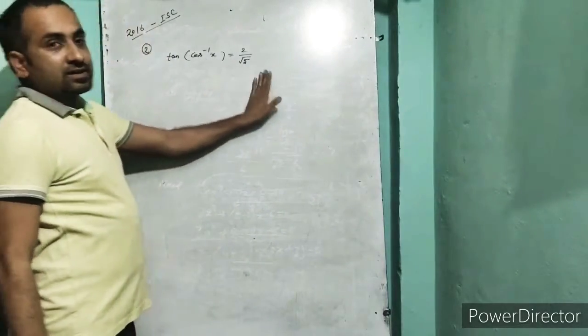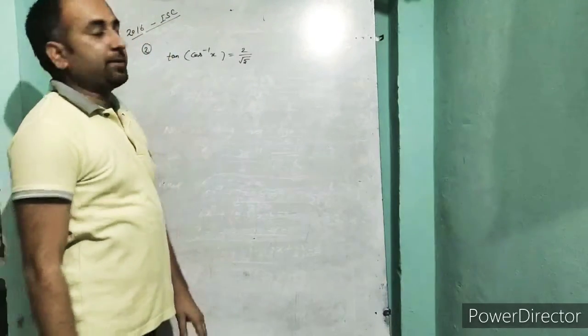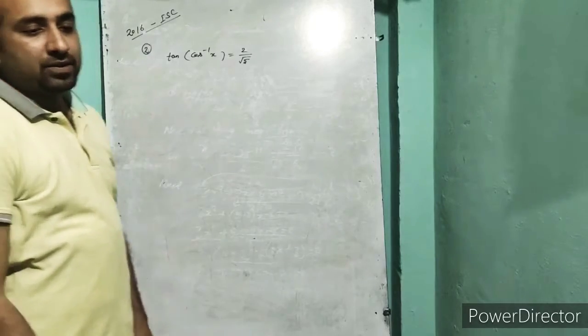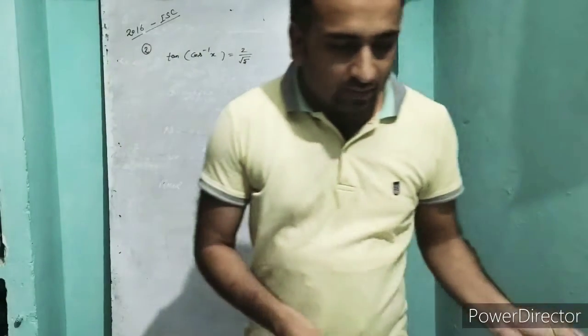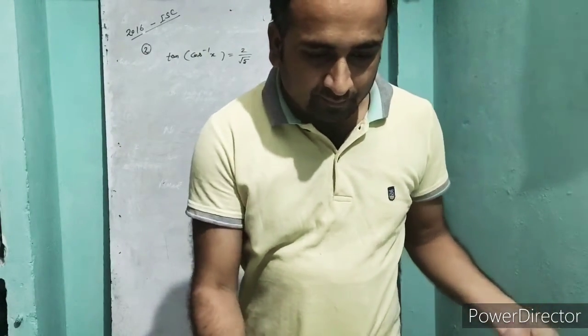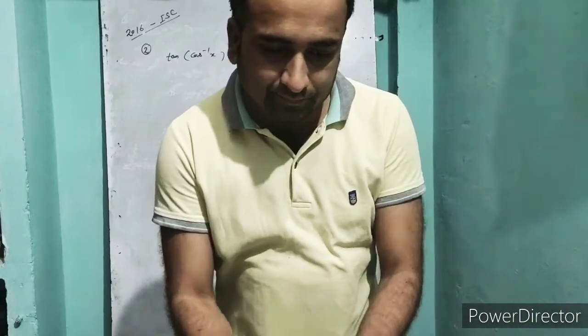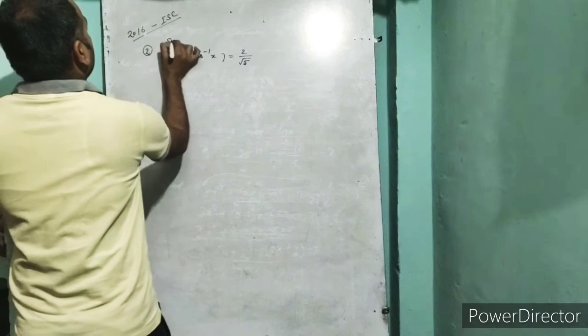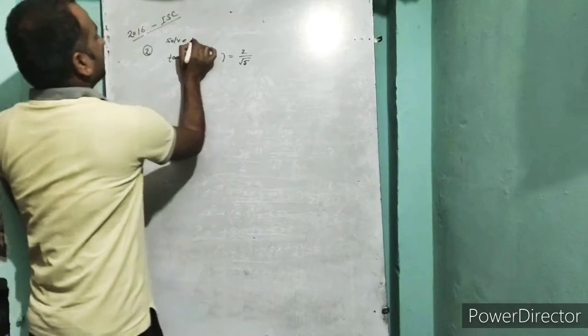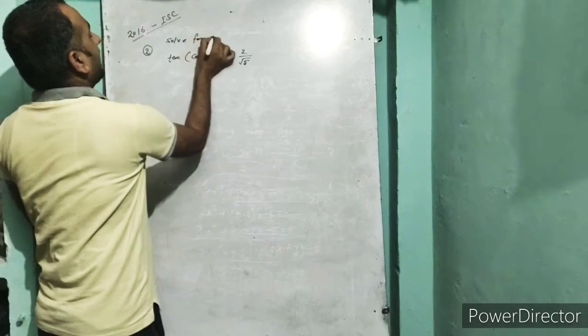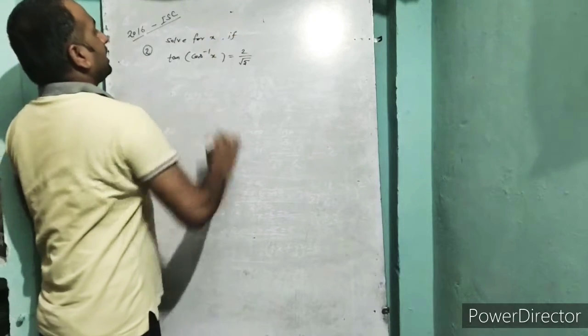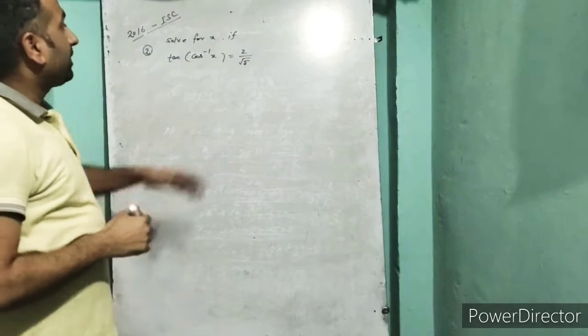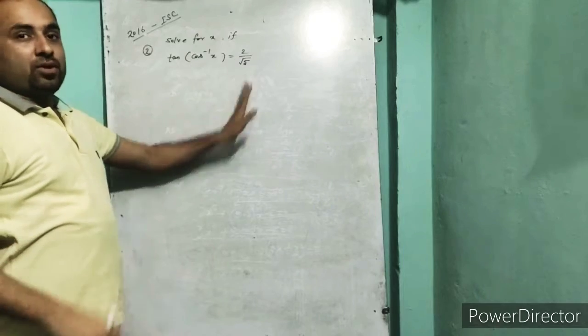See here, tan of cos inverse x is equal to 2 upon root 5. It is given here, and we have to solve for x. The complete question is: solve for x if tan of cos inverse x is equal to 2 upon root 5.